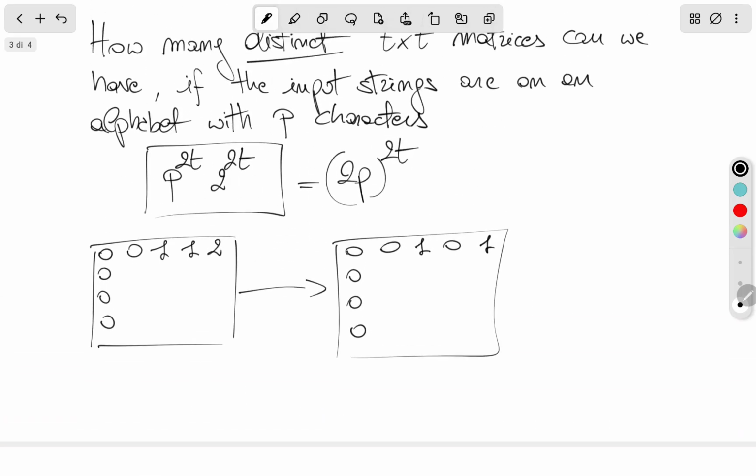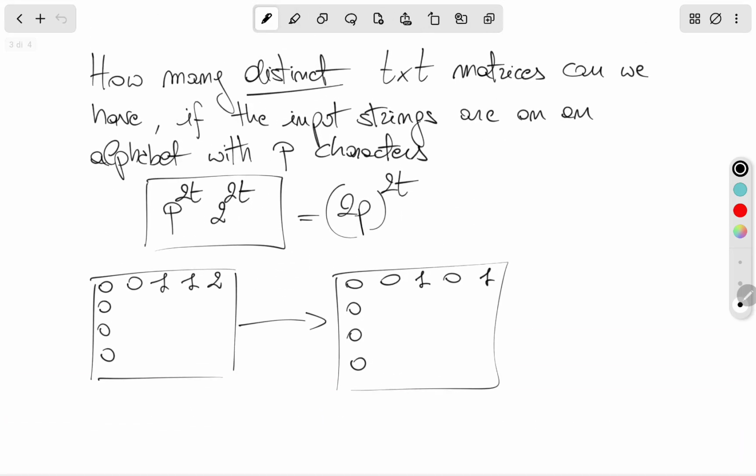The main idea is now it's a single exponential in t, and this means that t cannot be much larger than log n, because if t is larger than log n, then this becomes more than n squared, and I'm not gaining anything.